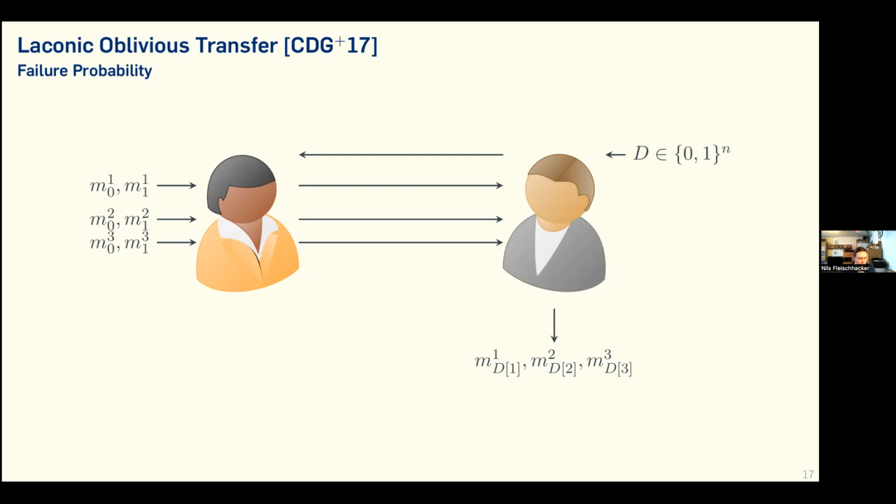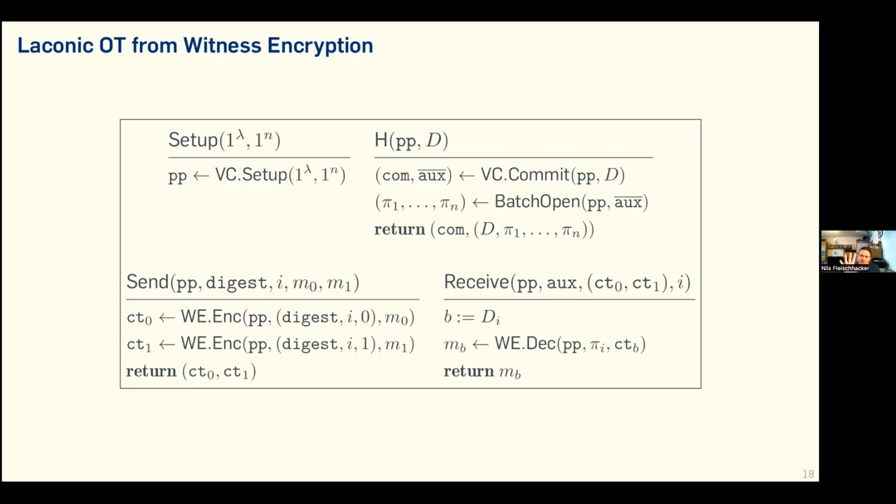So how could a witness encryption scheme for KZG help in constructing something like that? Well, the idea is that we use the KZG commitment to compress this dictionary for our digest, and then we send the messages encrypted using statements that contradict each other. So this is the scheme.